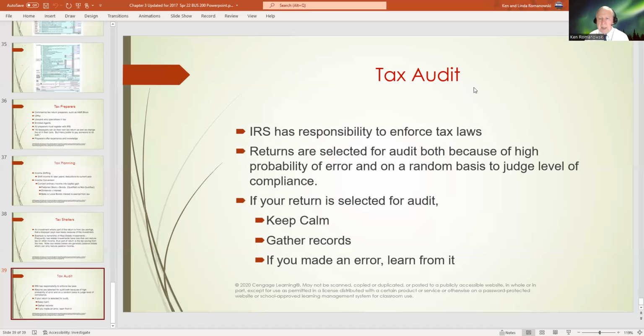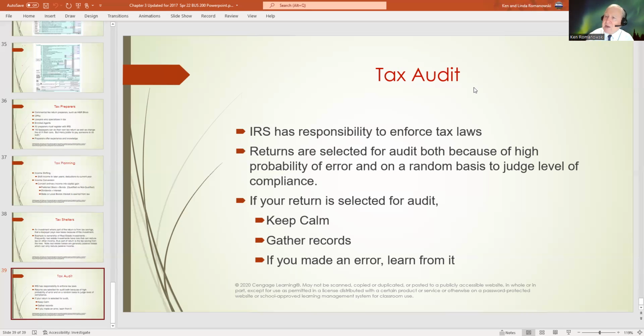All right. So audits can happen. Just make sure that you're not getting too far out of the ordinary. If you do have a legitimate tax expense, make sure that you bring all of your records to the audit to show the IRS that this is a legitimate expense. Now, what they might do, instead of bringing you in, is say, okay, can you explain to us what this is that you're deducting?